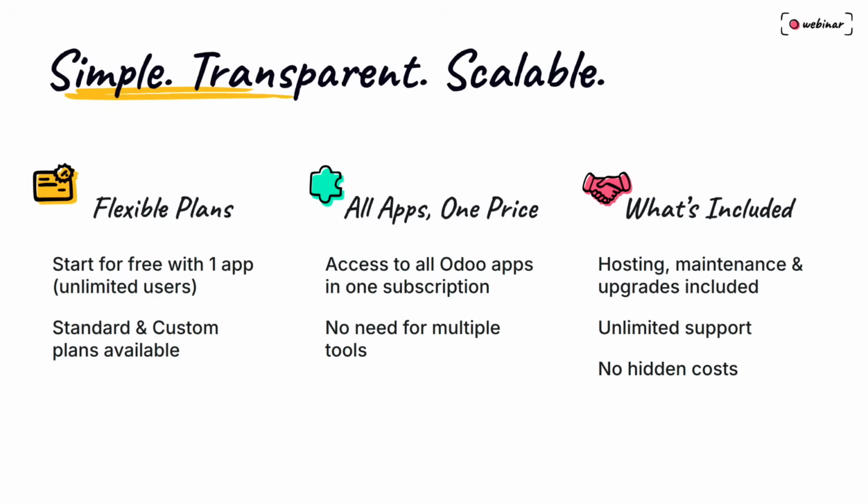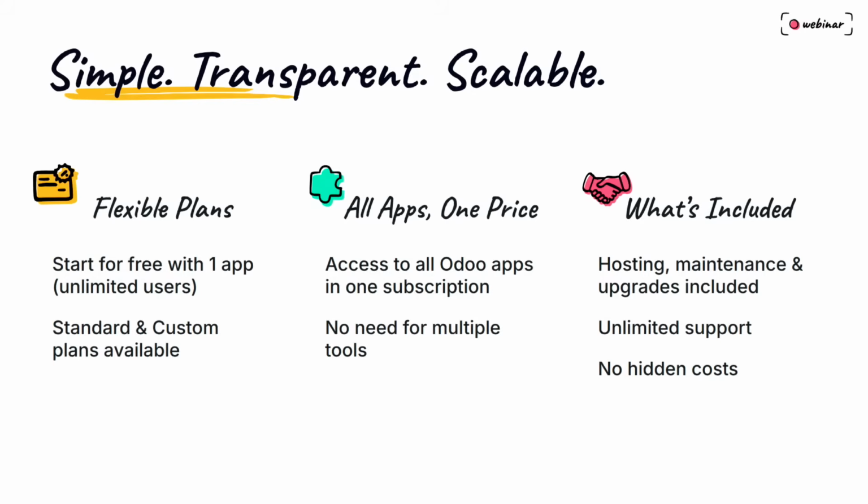However, if you go beyond only one app, you go into what we call standard or custom plans. Standard is just adding more applications, so you can have more than one. And custom is when you integrate Studio. Studio is a tool that we use to personalize your database a bit more. These are the two plans that we offer, of course in only one subscription.